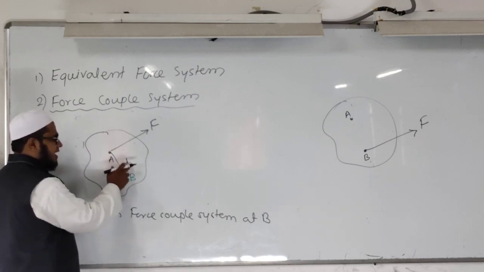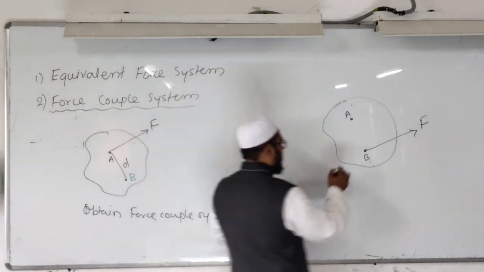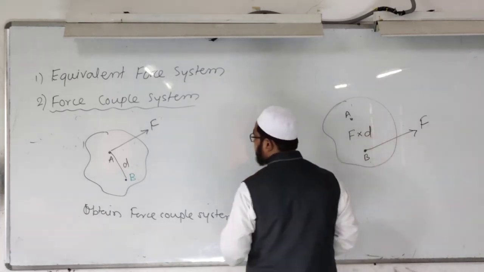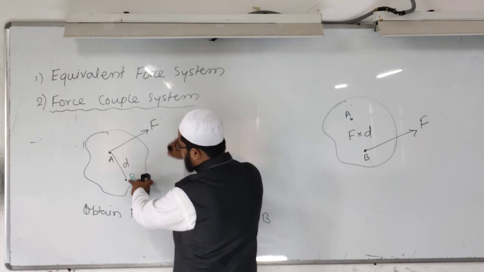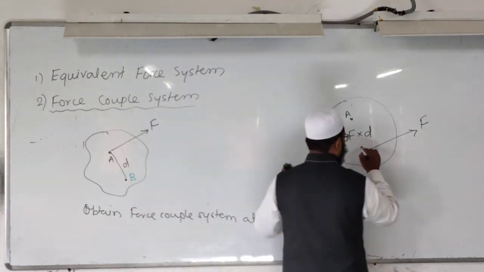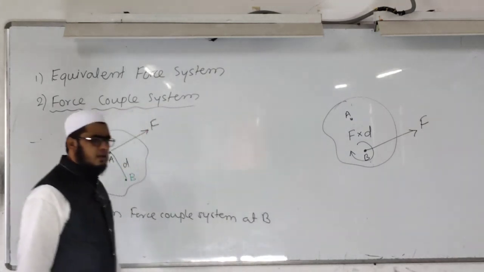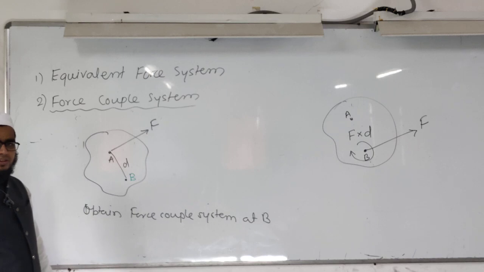Force is F and the distance from the moment center B is D. Therefore, the couple will have the magnitude of F into D, with orientation, from B the moment is in the clockwise direction. Therefore, we will write it. Now the given force system is transferred to the equivalent force couple system.